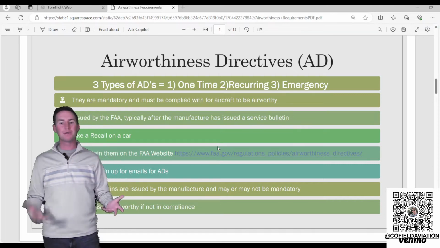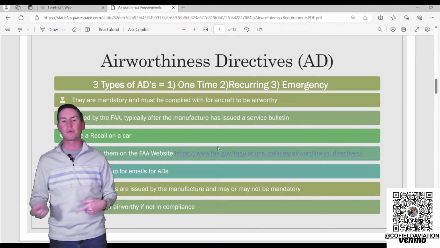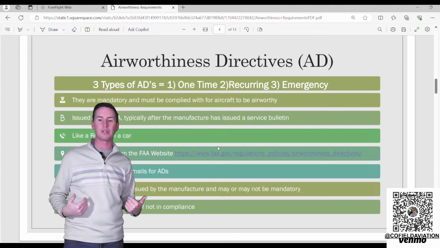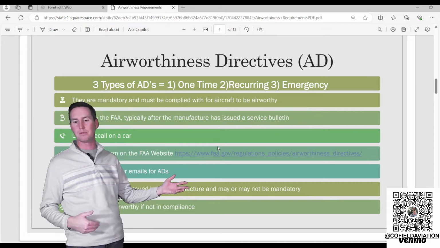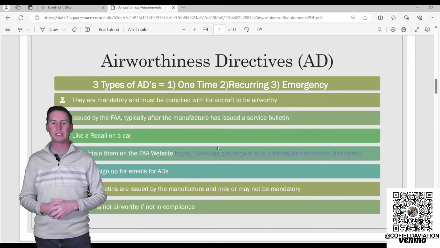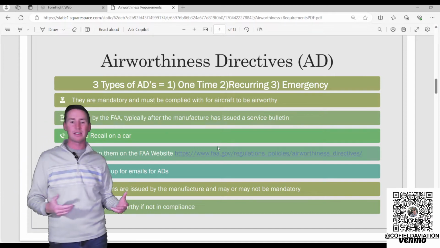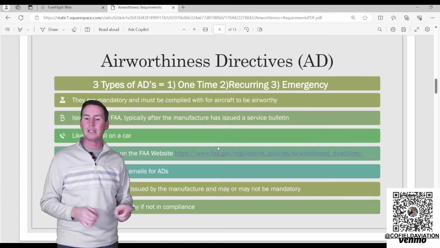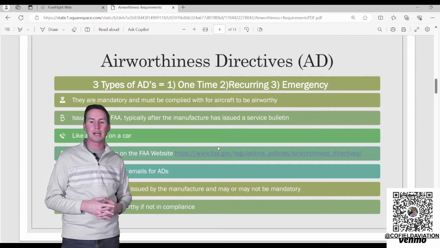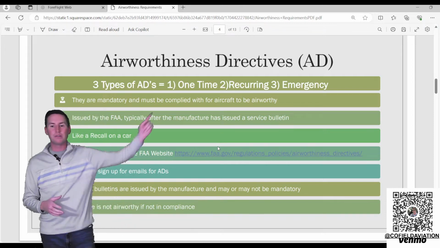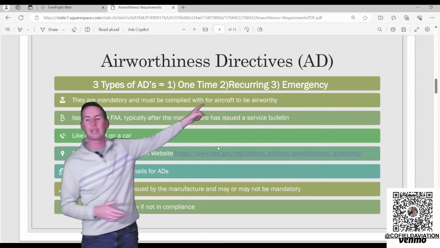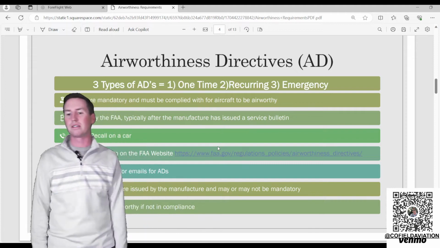So even if you're flying an aircraft that doesn't require a 100-hour inspection, so you own your own aircraft or you're flying the club's aircraft or whatever, and that airplane doesn't need a 100-hour inspection, make sure, because if you fly your own airplane 200 hours a year, at 100 hours, you still got to comply with that recurring AD or else the airplane is not airworthy.